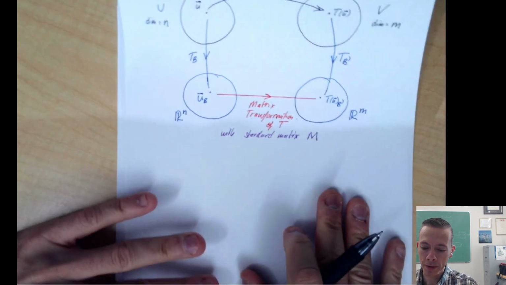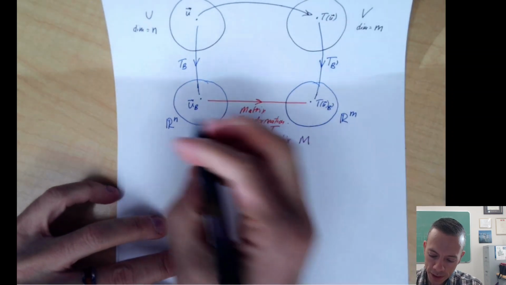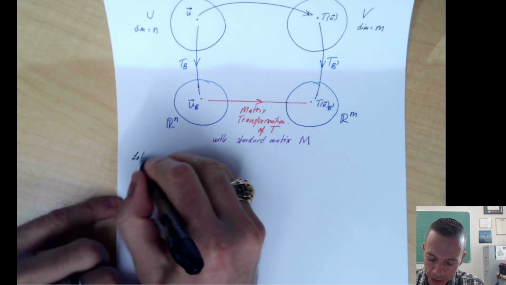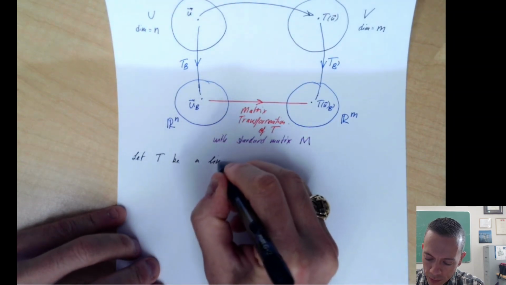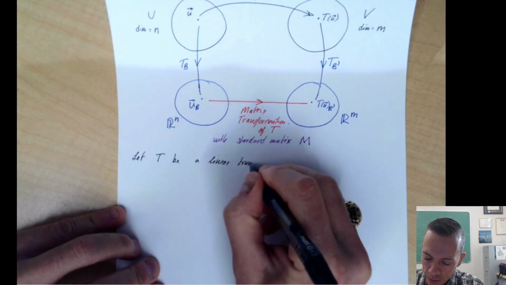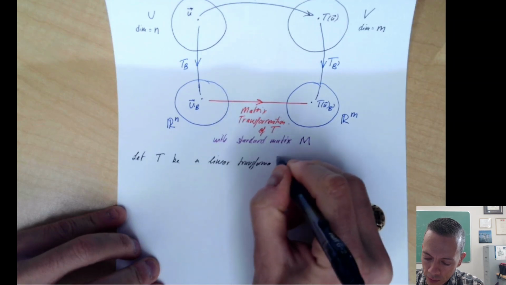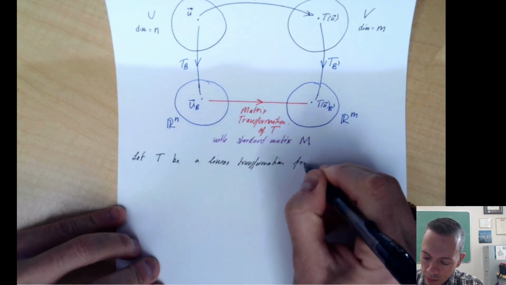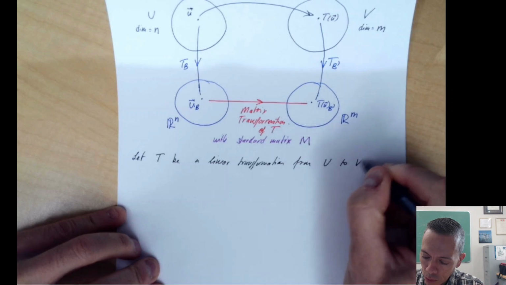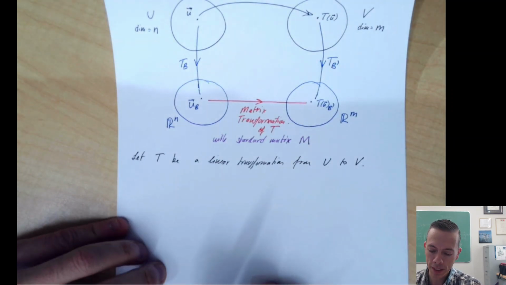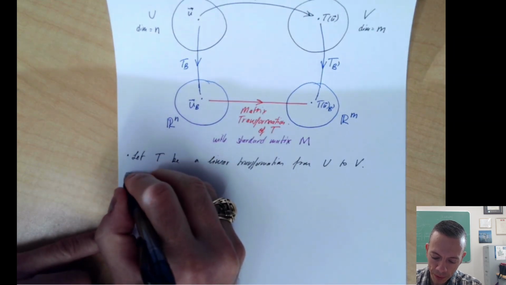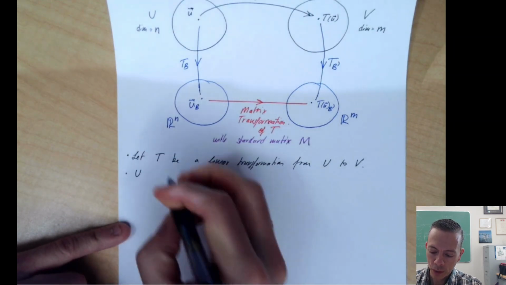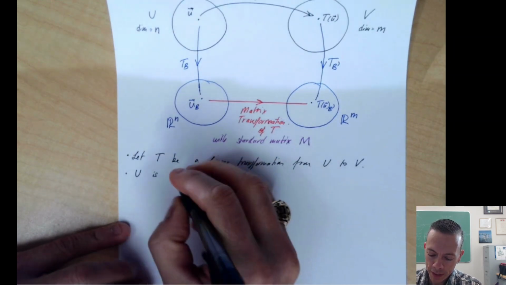So to define everything that we have in this little diagram formally, T is a linear transformation from U to V, which are two vector spaces. U is a vector space of dimension n.